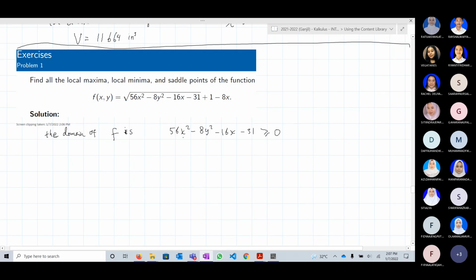Oh, no, this is an ellipse. By the way, okay, that is the domain.